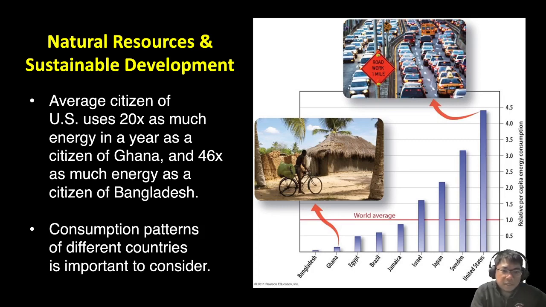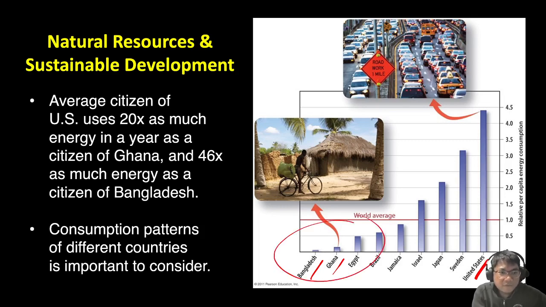For example, on the right side we have the United States, and if you compare it to Bangladesh and Ghana on the left side of the chart, the United States uses much more energy than some of the other countries in the world.